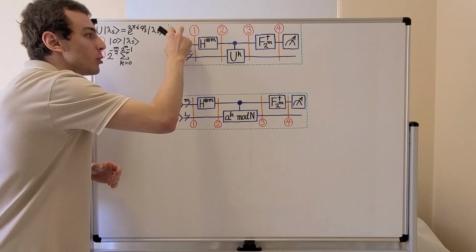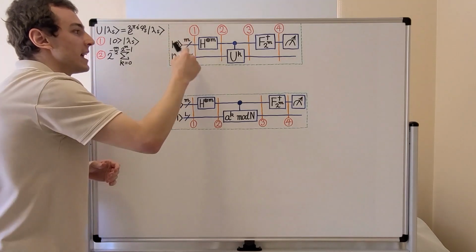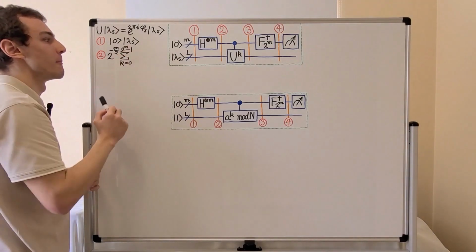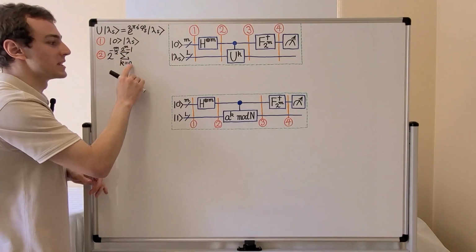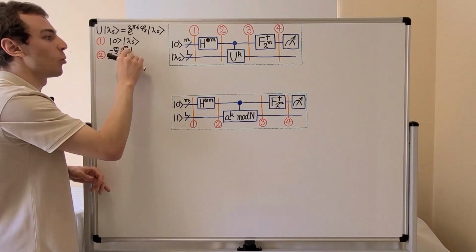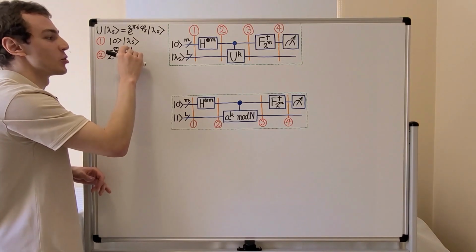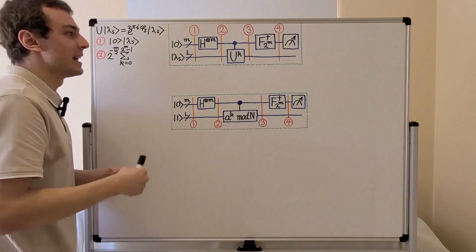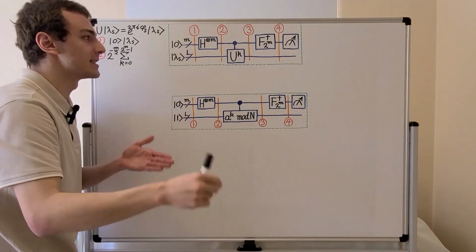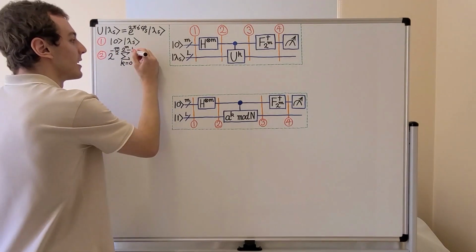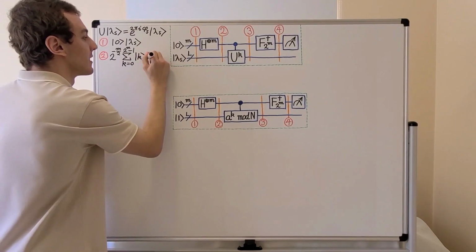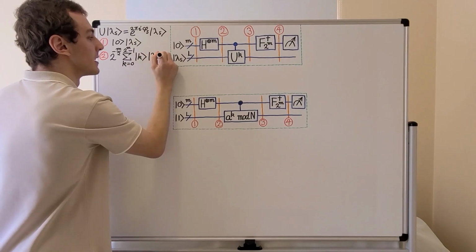So that is the dimension of the Hilbert space for this top register. If we have m qubits, then the dimension of the Hilbert space is 2 to the m. Since we are starting from 0, we have to subtract 1 from this end value over here. And that's going to give us all of the values which specify the individual computational basis states. And then we have the ket labeled by k, and then finally the ket labeled by lambda sub s.